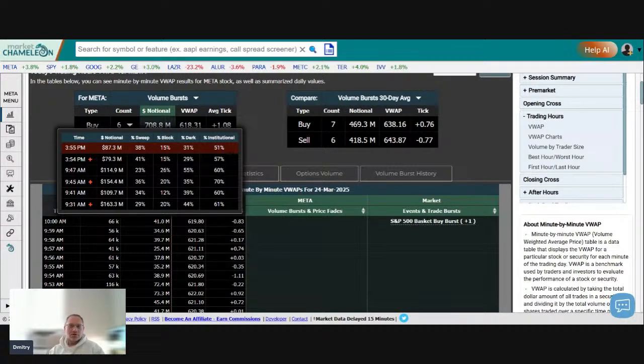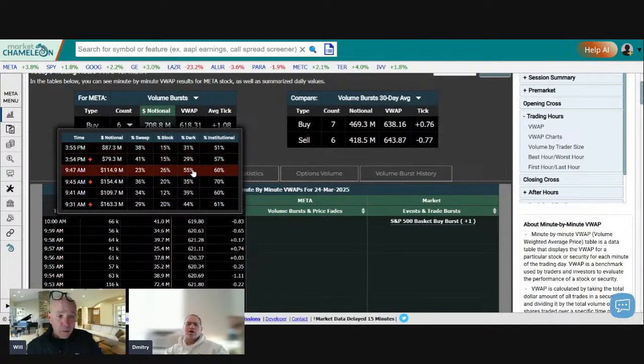So that could be run by broker dealers like Knight, Merrill Lynch, Goldman Sachs. They have dark pools that they run, and they could match up trades, execute them, and then report them on the tape. So 31% of that volume you could see was in a dark pool here at 9:47, 55%. So that shows us where that liquidity existed and got traded. Right? Was it in a dark pool or lit exchanges?